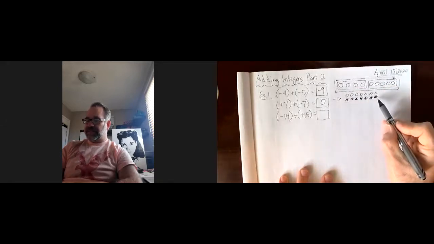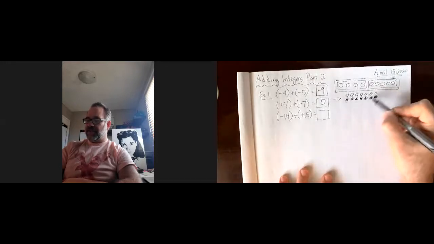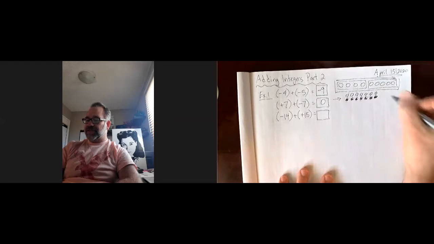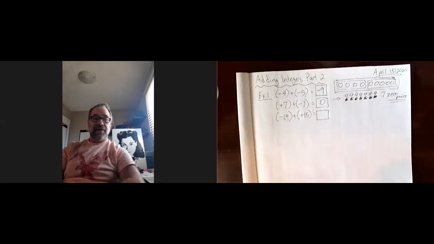I did them in the wrong order accidentally. Each one of those would cancel out, so there are 7 zero pairs. I want you to remember that idea of zero pairs because it comes in when we are working on some other models and also with the grade 7 and 8 order of operations part with integers.